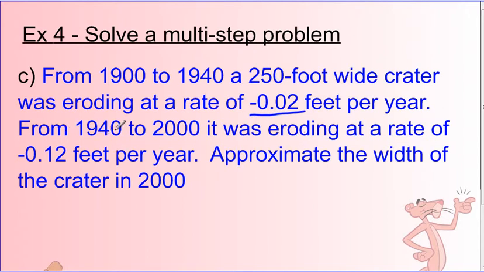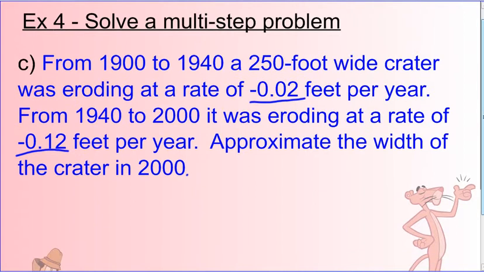From 1940 to 2000, it was eroding at a rate of negative 1.2 feet per year. Again, negative. Approximate the width of the crater in 2000. Okay, so go ahead, pause the video, see if you can find out how big this crater is now.